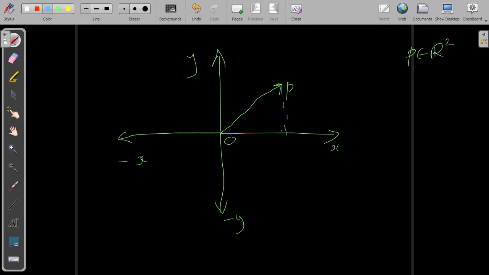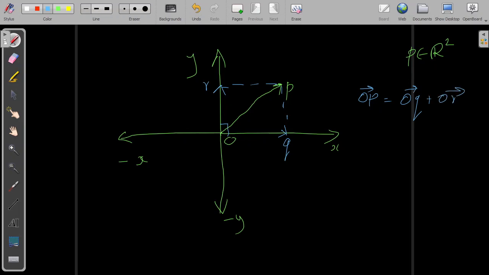We have two orthogonal vectors OQ and OR, so the vector OP can be equal to OQ plus OR.